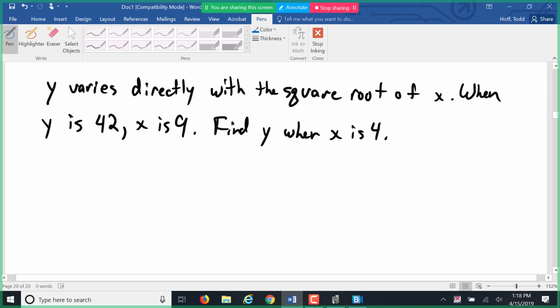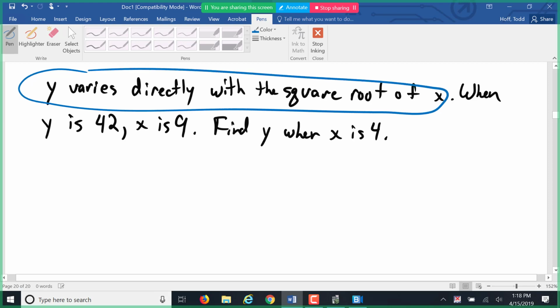So, of course, what's slightly different here? Square root, right? So it's not going to be y equals kx. What's it going to be? It doesn't vary directly with x. It varies directly with the square root of x. So y equals k times the square root of x.